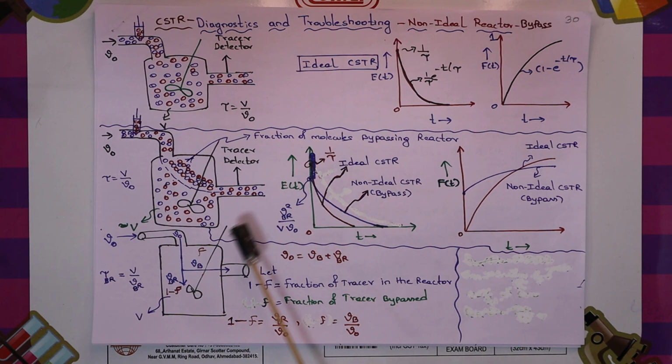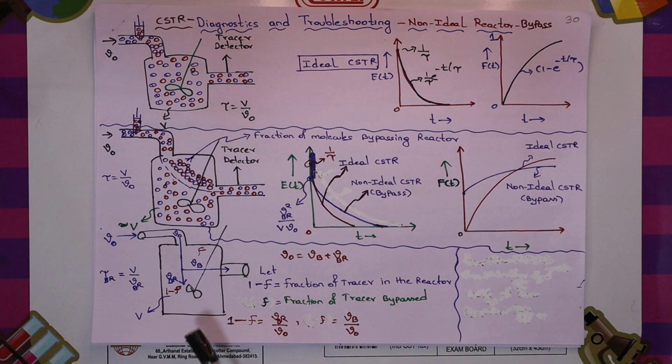The point at which the curve starts is Vbr square by V into nu 0. That means the ideal CSTR starts at the point 1 by tau on the y-axis, and the CSTR with bypassing, that means the non-ideal CSTR, starts the curve at Vbr square by V into nu 0.